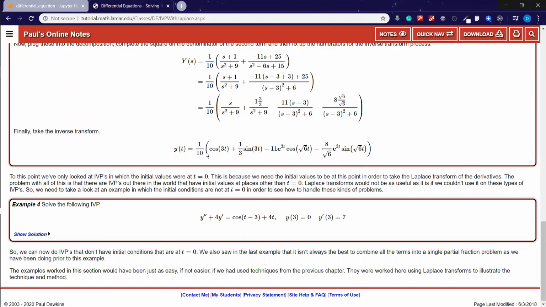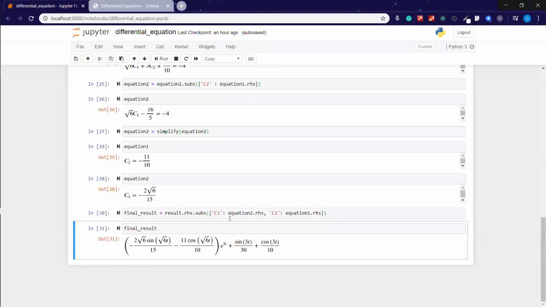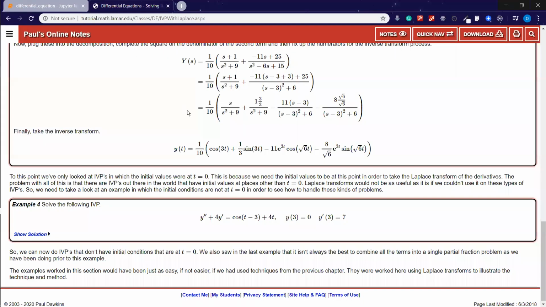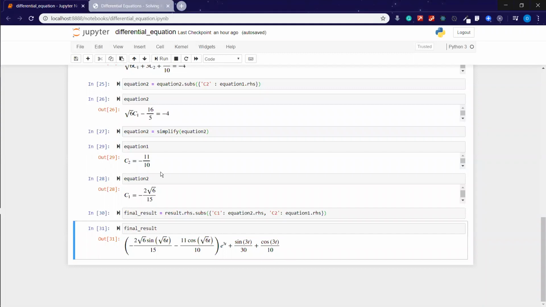Cos 3t divided by 10, sin 3t divided by 30, then minus 11 over 10. So yeah, they look similar. Minus 11 over 10, sin 3t divided by 30, cos 3t divided by 10. Yeah, so I believe they are the exact same equation.